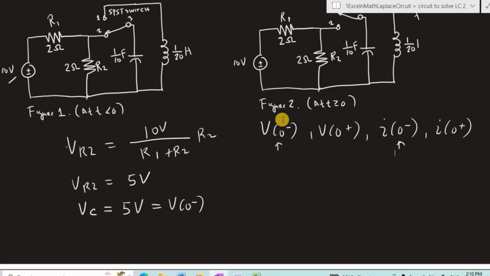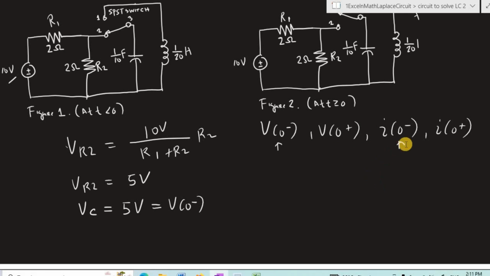V0 minus is the voltage across the capacitor at the instant before some event happens, and in this case the event is the flipping of the switch. So it means that V0 minus is the voltage across the capacitor at the instant before the switch is flipped, and V0 plus is the voltage across the capacitor at the instant after the switch is flipped.